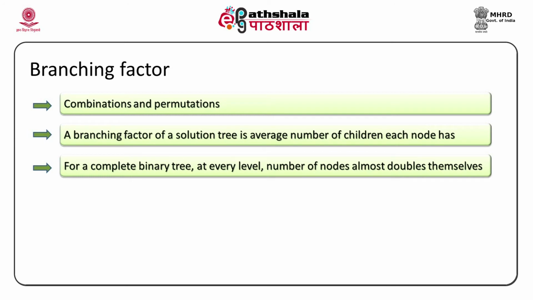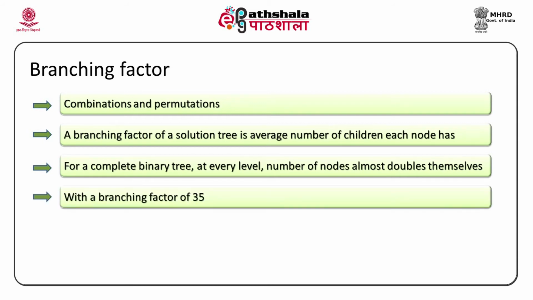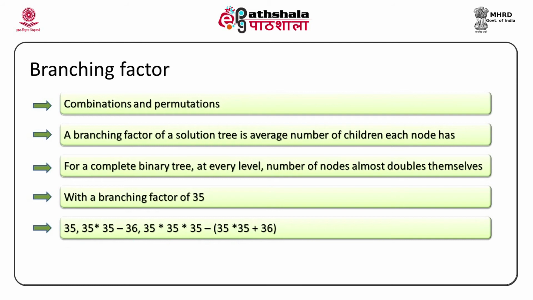For a complete binary tree, I have already talked about it, the number of nodes almost doubles at every level. With a branching factor of 35, chess is an example. At level number 1 you have 35, at level number 2 you have 35 into 35 minus the earlier node.